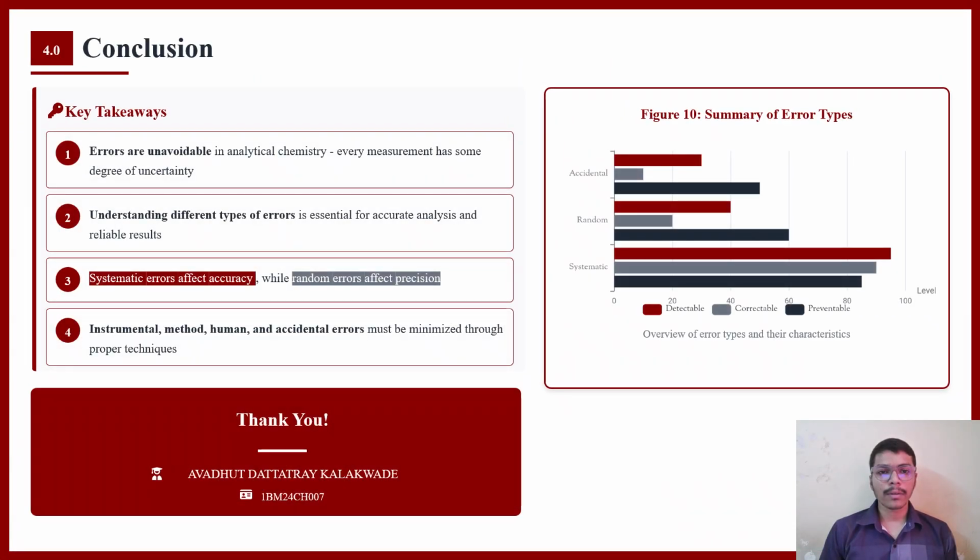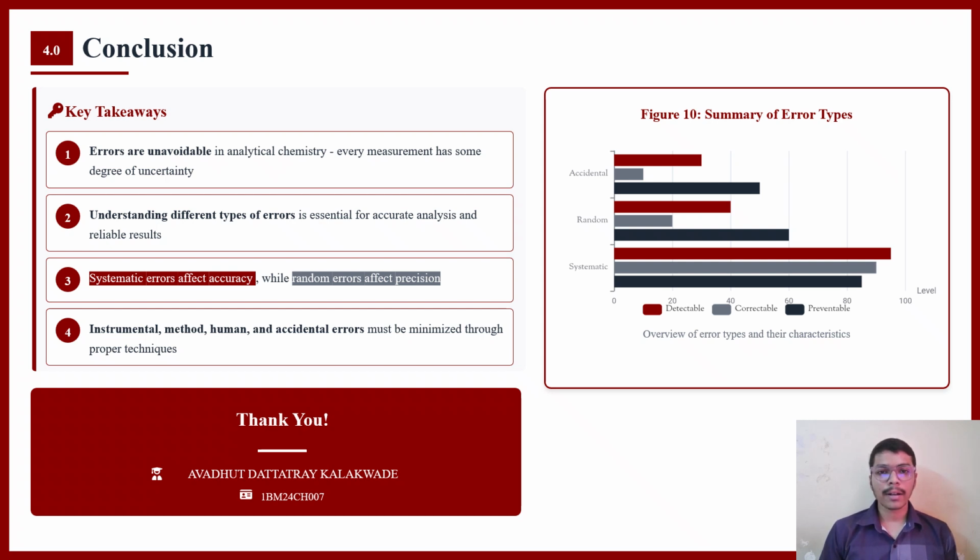To conclude, errors are unavoidable in analytical chemistry because every measurement contains some degree of uncertainty. Understanding different types of error is essential for obtaining accurate and reliable results. Systematic errors mainly affect accuracy, while random errors mainly affect precision.